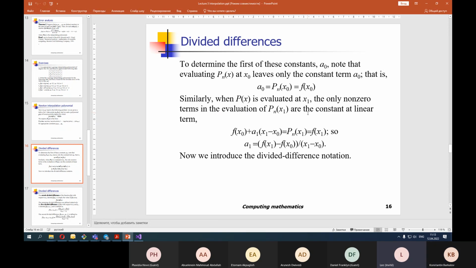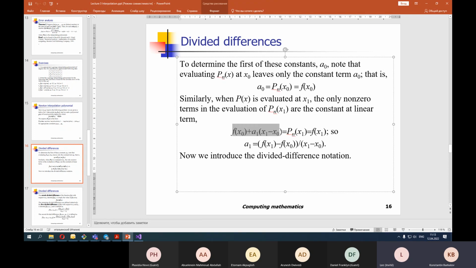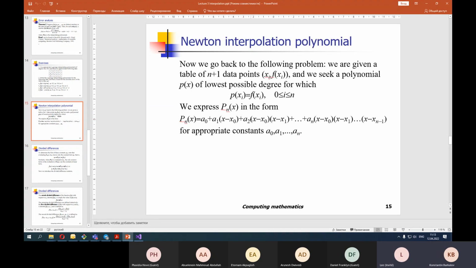Similarly, when P of x is evaluated at the point x1, the only non-zero terms in the evaluation of P of x1 are the constant and the linear term. We will have only these values that are not equal to 0. Let's come back here again.